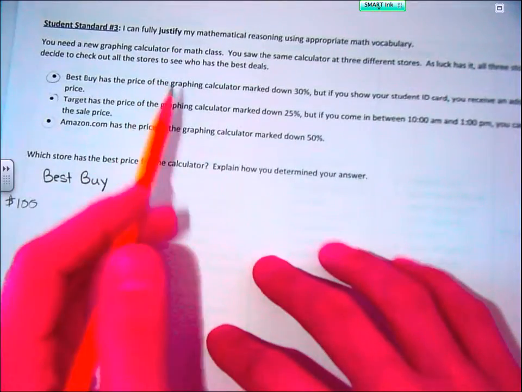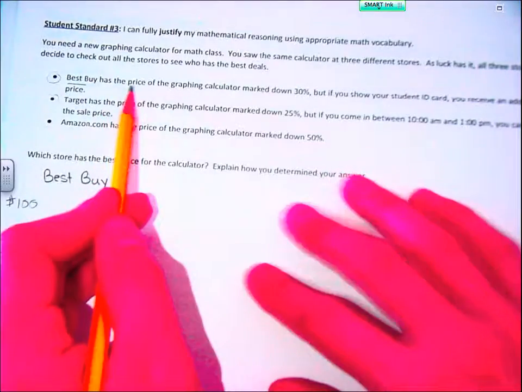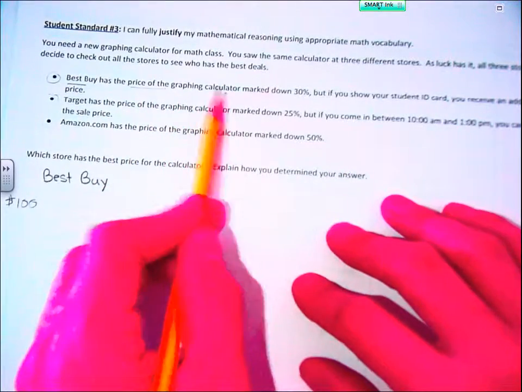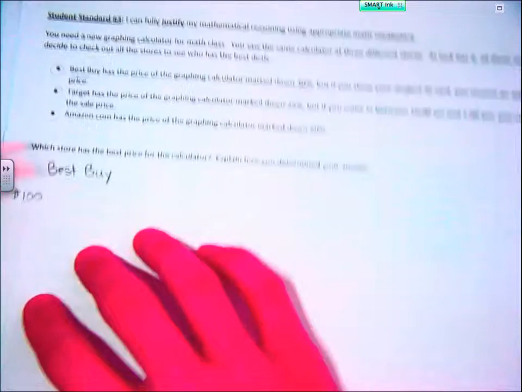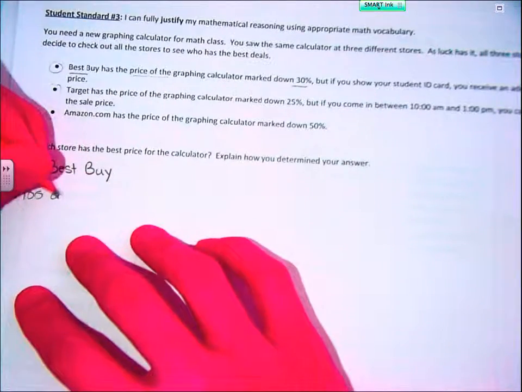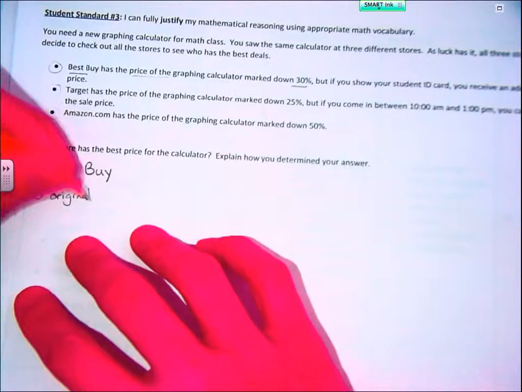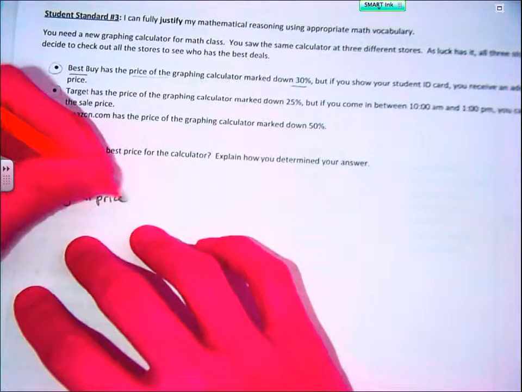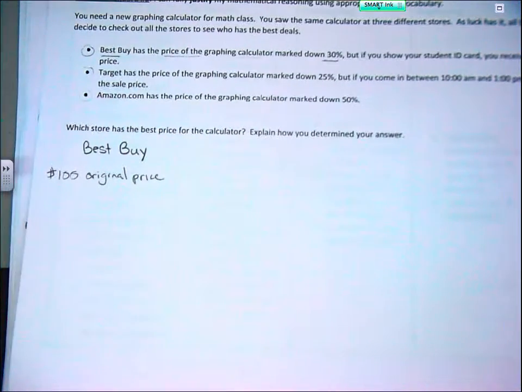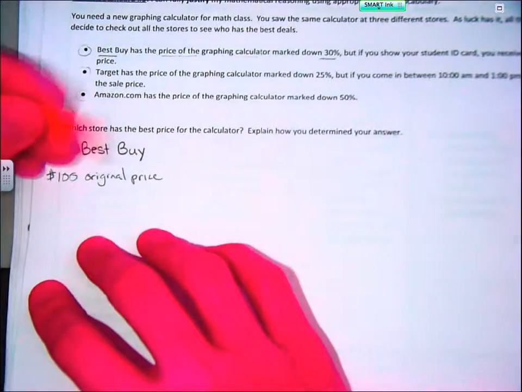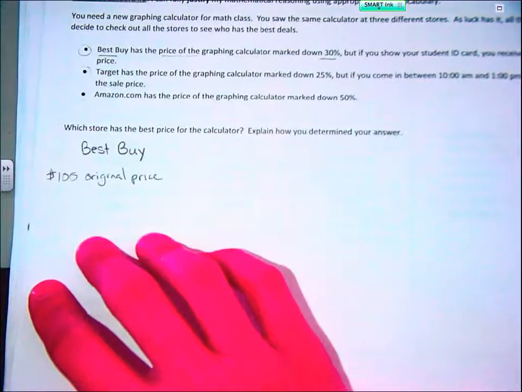Now, I want to read each of these very carefully. Best Buy has the price of the graphing calculator marked down 30%. So if I decided that the original price is $100, and you could have used anything here, well, if it's 30% marked down, I know that I would pay 70%.